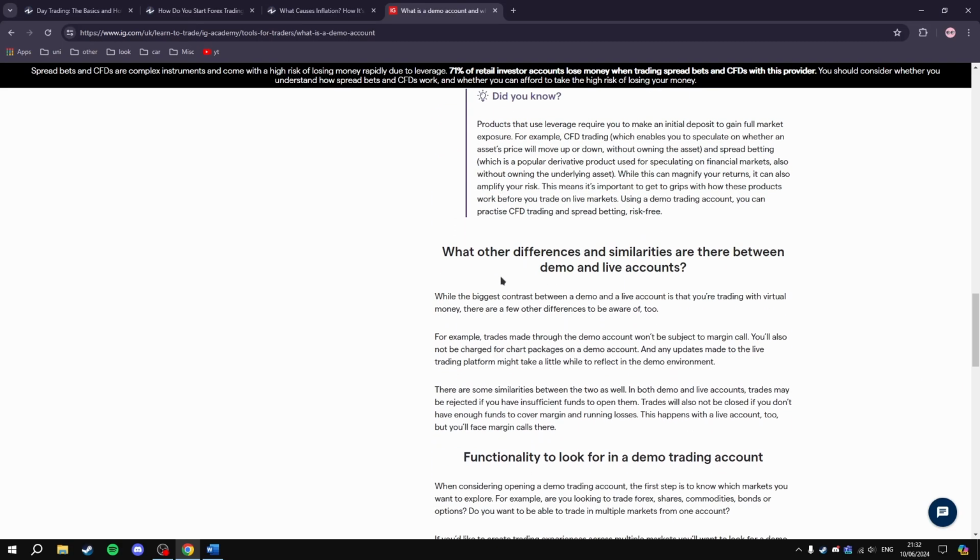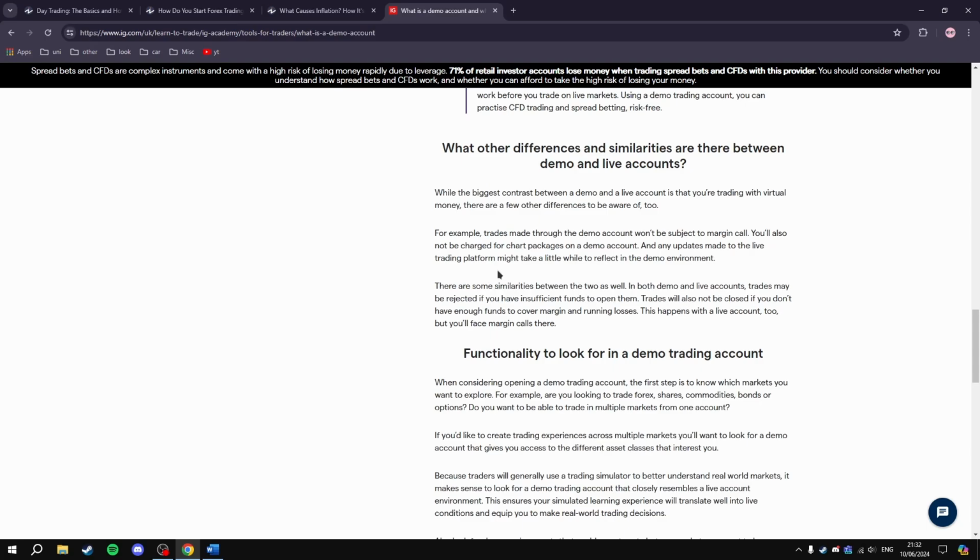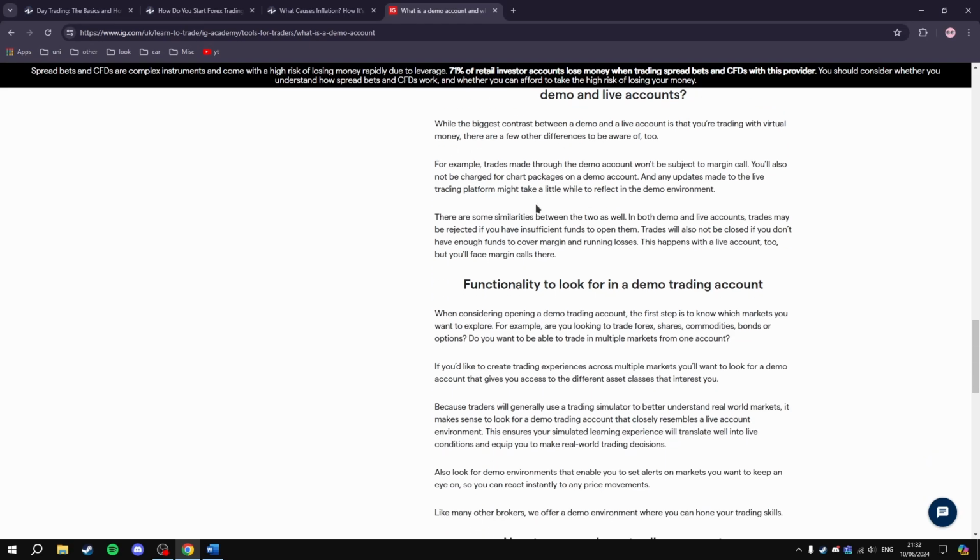And what other differences and similarities are there between demo and live accounts? The biggest contrast is that you're trading virtual money, and there are a few other differences to be aware of too. Trades made through a demo account won't be subject to margin call because you're not actually trading with live or real capital. You will also not be charged for chart packages on demo accounts, and any updates made to the live trading platform might take a little while to reflect in your demo environment.